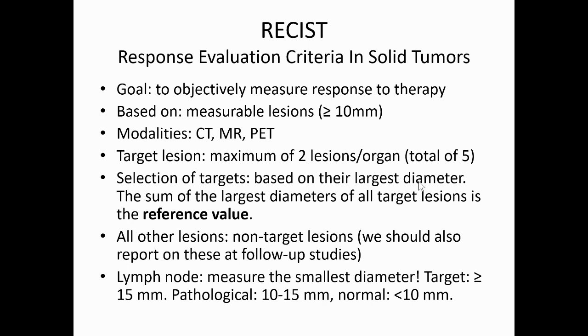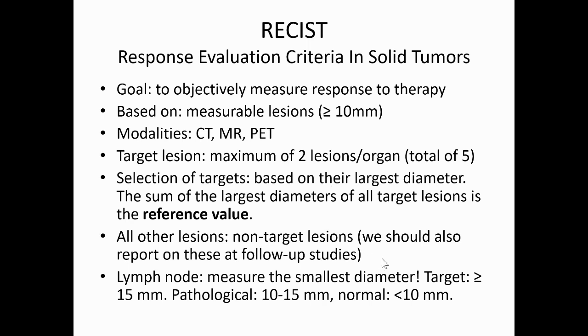On the images, we need to select so-called target lesions, a maximum of 2 lesions per organ. So let's suppose that the patient has 2 liver metastases, and we select them as target lesions because they can be measured nicely. We will measure their greatest diameter, and we would add up those values, and that would be our reference value.